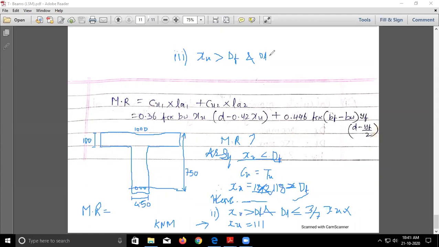Am I correct? So go for the third condition now. The third condition is Xu greater than Df and Df greater than 3/7 Xu. So now again find out Xu, and then check and let me know.